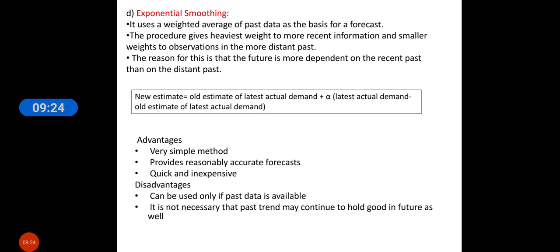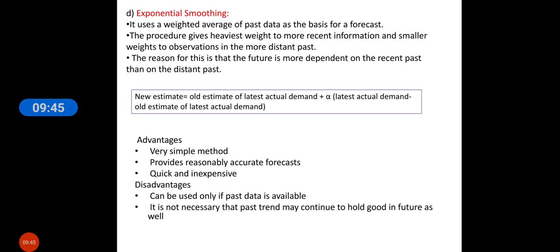Then we have the exponential smoothing model. In this method, the forecast sale for the last period is modified by the information about the forecast error of the last period.